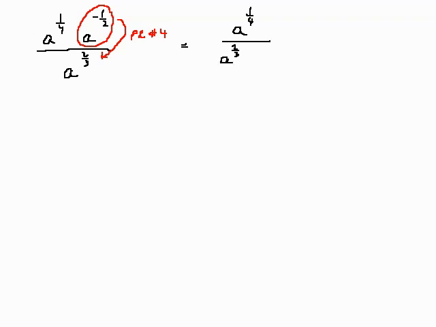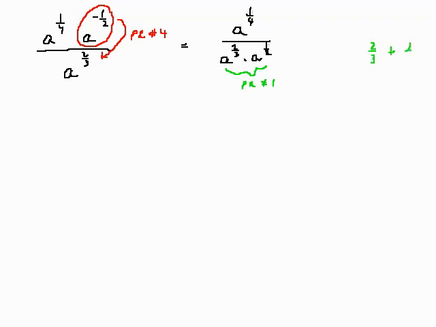So here is step 2. All right, now what do I do in the denominator there? I've got a to the 2/3 times a to the 1/2. Well, y'all have to know that this is power rule number 1, so you can go back in the handout. Whenever you multiply same bases, you must add the powers.